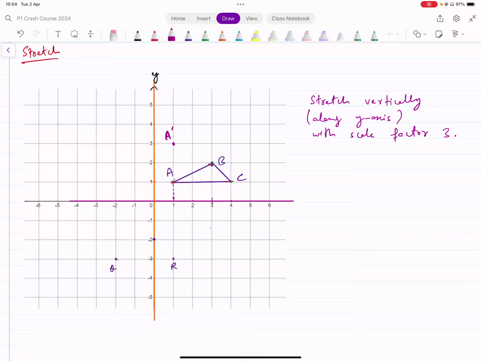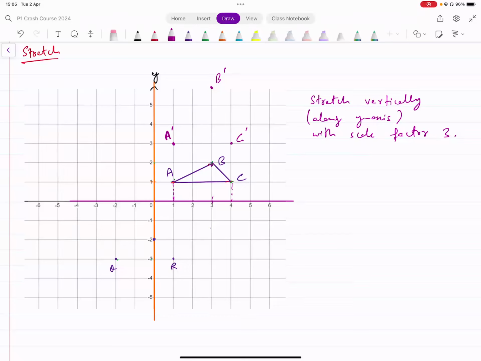And it goes to this point A dash. What about B? Point B is 2 units away from this line. Where does this point go? 2 times 3, this point goes to 6. And B dash is going to be here. And similarly, C, this is 1 unit away from the line. This goes 3 units away now. And the point C dash is going to be here.